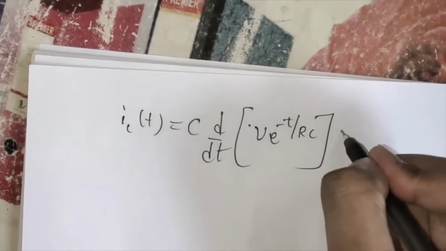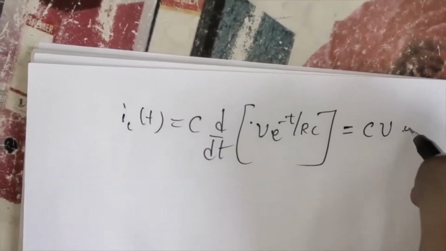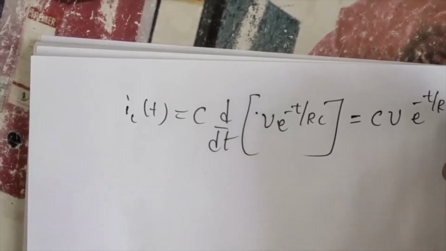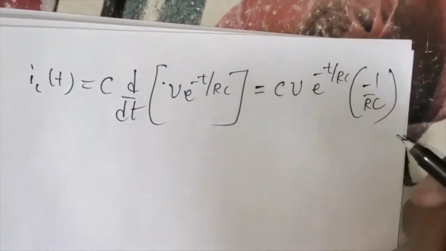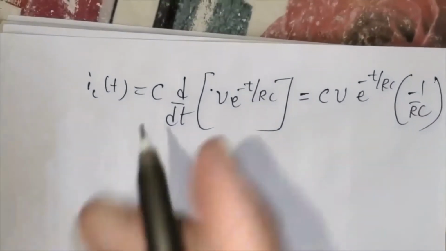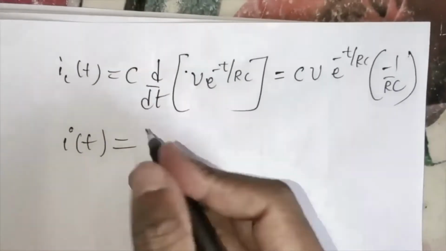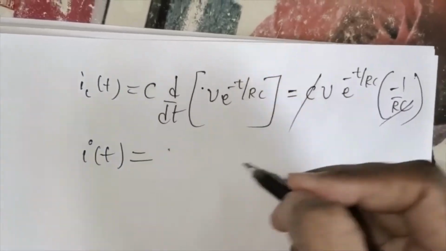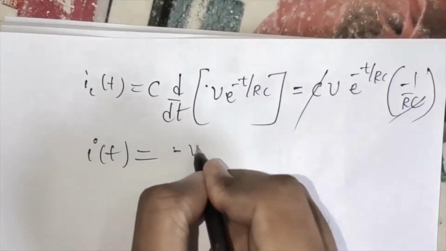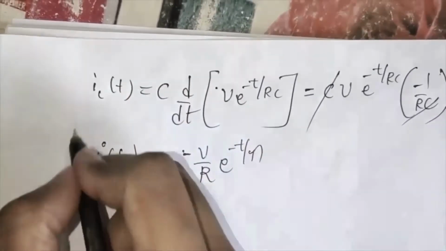On differentiation, I'll get C into V into e power minus t by RC into minus 1 by RC. So I of t is equal to, C will get cancelled, so it is minus V by R into e power minus t by tau.